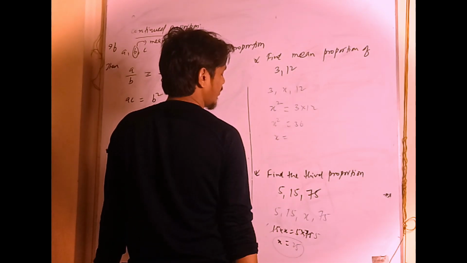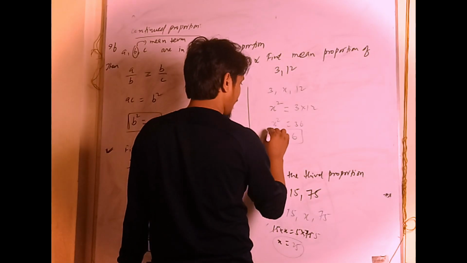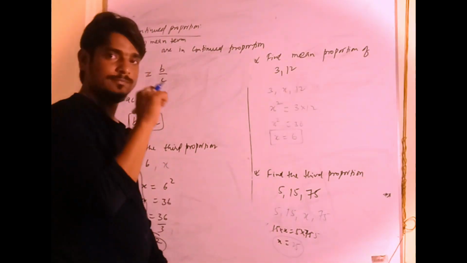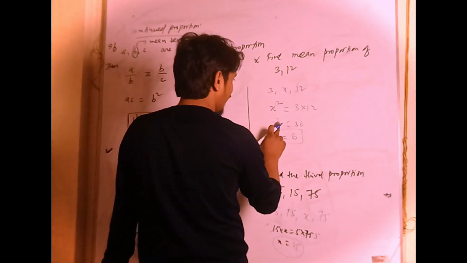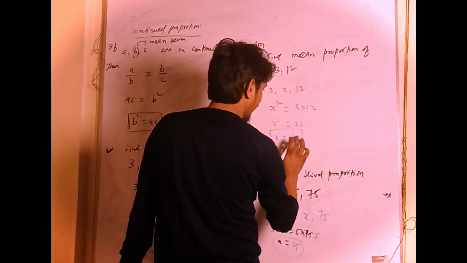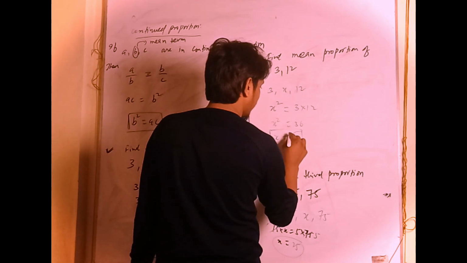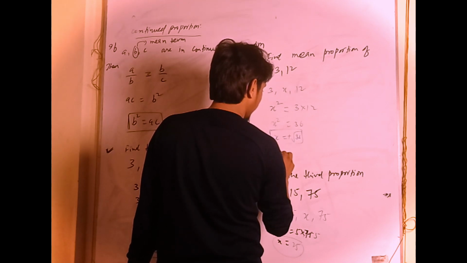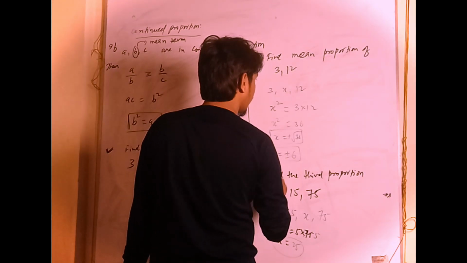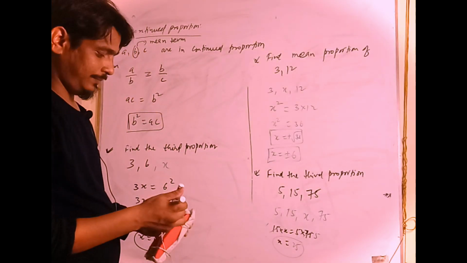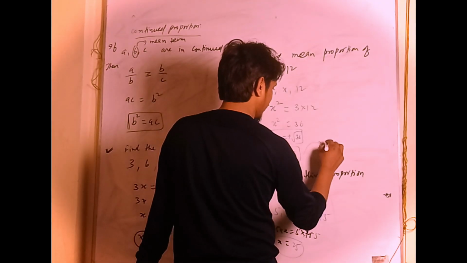As we have a square here, it goes to the root, plus or minus of 36, which gives us plus or minus 6. Or if we want, we can just take the positive value of x.